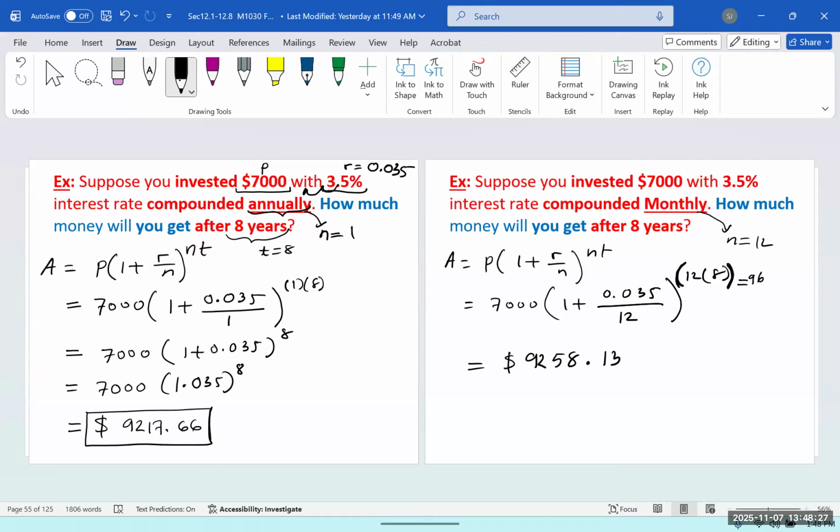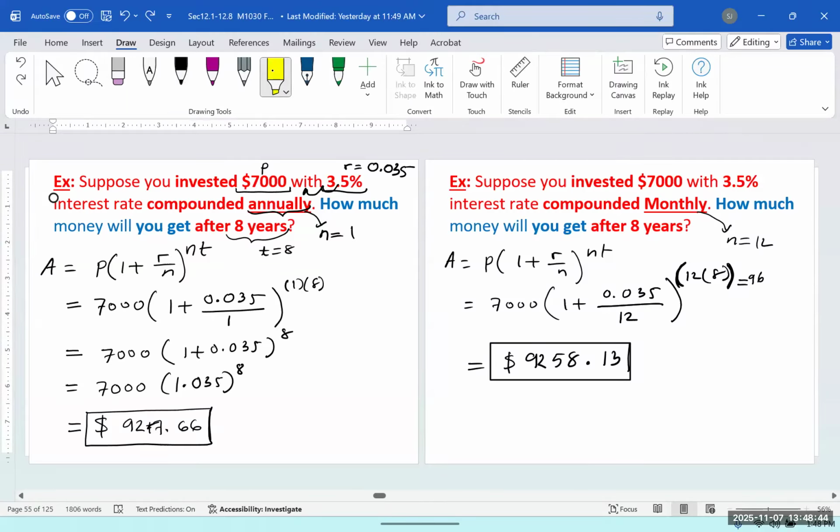Alex, same. Kathleen, same. Same. Great. So what do you observe from left to the right? You got a little bit more money. So here it's got 17, here you got 58.